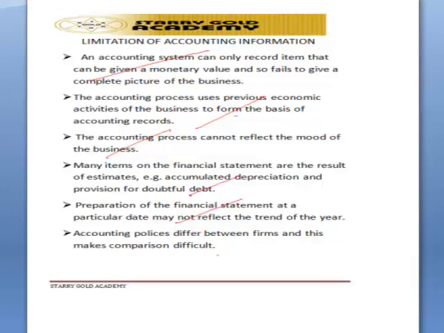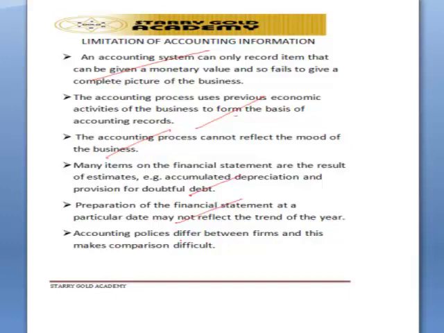But the whole year is what is being put into consideration. The accounting period of 12 months is what is considered when preparing a financial statement. So the preparation of the financial statement at a particular date may not really reflect the trend of the year.